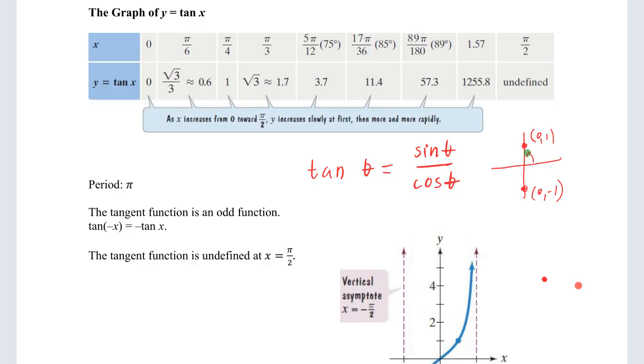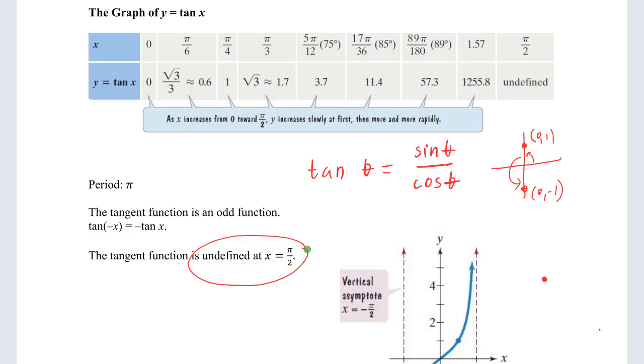If I rotate this another 180 degrees, which is pi in radians, we have another x value, or cosine theta, which becomes 0. So we can say the tangent function is undefined at pi over 2, and at multiples of pi over 2 in increments of pi.